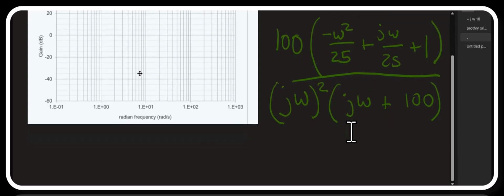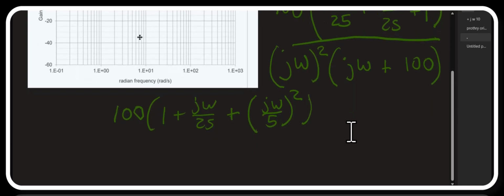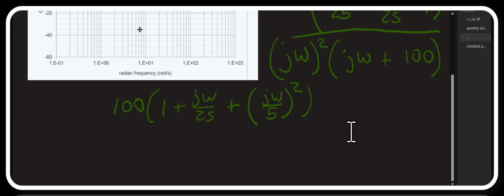Okay, so now I have 100 times 1 plus j omega over 25 minus omega squared over 25, so this minus omega squared over 25 becomes plus j omega over 5 squared. I need that last term to be in parentheses squared to get my corner frequency for a quadratic term.